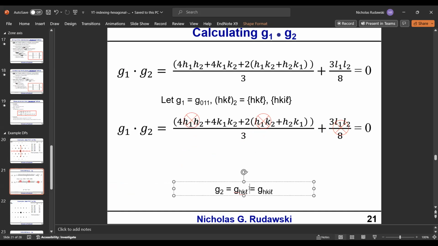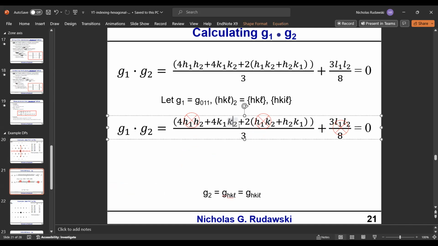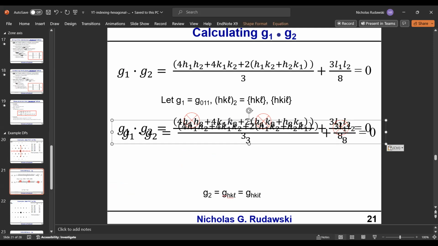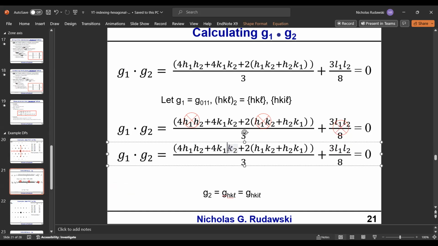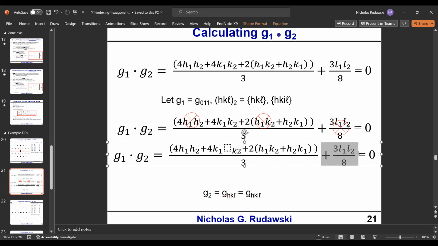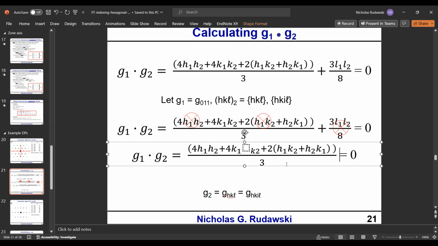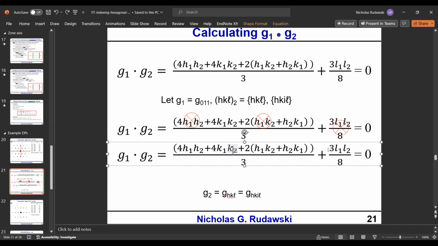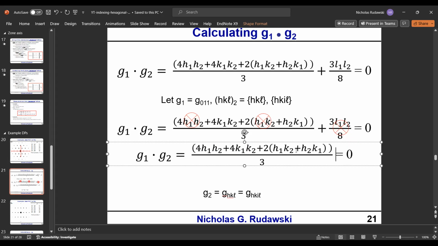So what we're left with here, if we do the math, let me copy and paste this. So this gets removed.